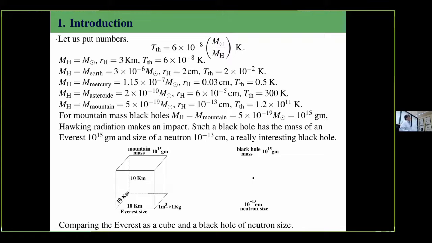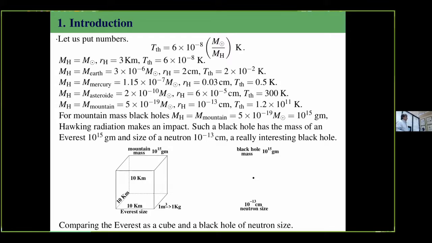So for mountain mass black holes, which are 10 to the 15 grams, Hawking radiation makes an impact. Of course, it makes an impact in masses in between, and for masses higher. So such a black hole has the mass of an Everest, say, and the size of a neutron. And it's a really interesting black hole for what we want.